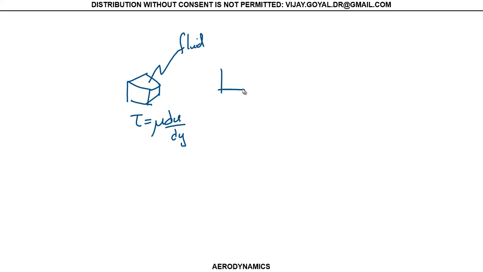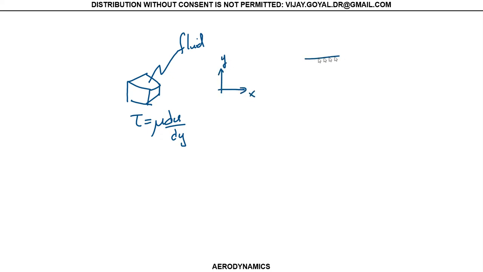Note that, for this problem, just remember how we derived this equation. It was derived based on a small fluid element, where this is fluid. From this fluid, we said that tau was equal to mu du dy, in the x and y directions.